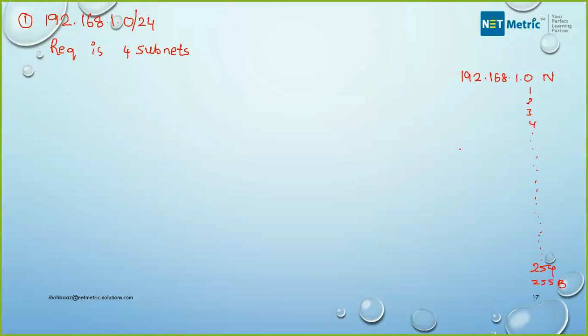But now I am dividing into 4 networks: 1 network, 2 network, 3 network. This network ID we know starts from 1.0, but we don't know the broadcast ID. We need to find this one. We don't know the network ID here either, we need to find it. We need to find the network ID and broadcast ID. The broadcast ID of the last one we already know, 255.